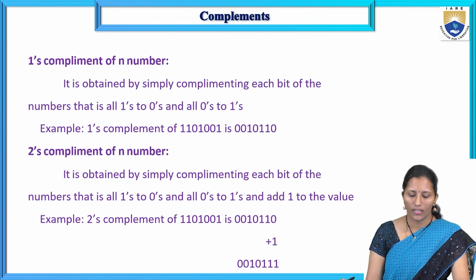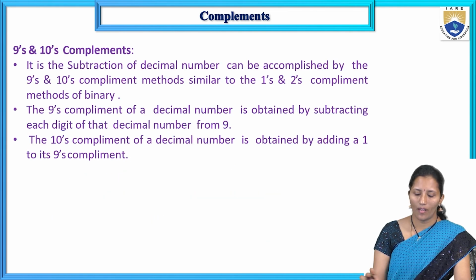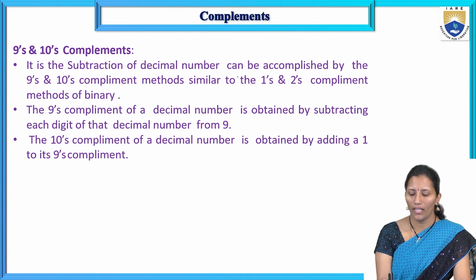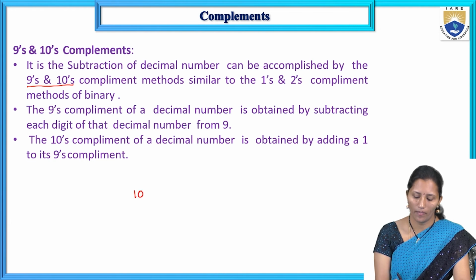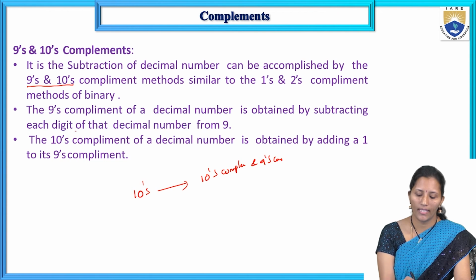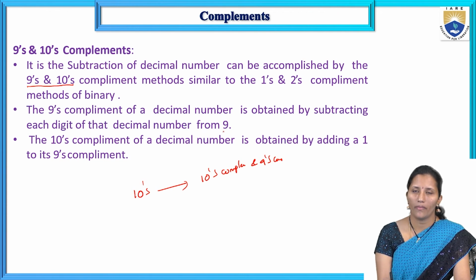We already discussed the 1's complement and 2's complement. Now the 9's complement: the subtraction of decimal numbers can be accomplished by the 9's complement and 10's complement. The 9's complement of a decimal number is obtained by subtracting each digit of the decimal number from 9.